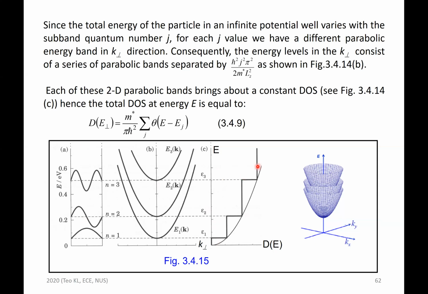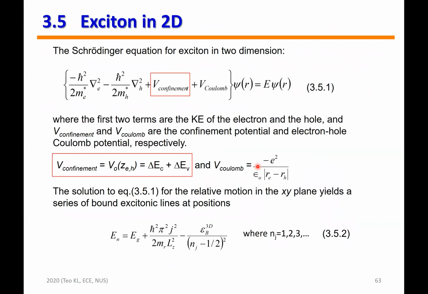Next, let us discuss the exciton in two dimensions. Now, we have previously discussed the exciton in the three-dimensional case, which is bulk semiconductor, due to the Coulomb attraction between a free electron in the conduction band and a free hole in the valence band.